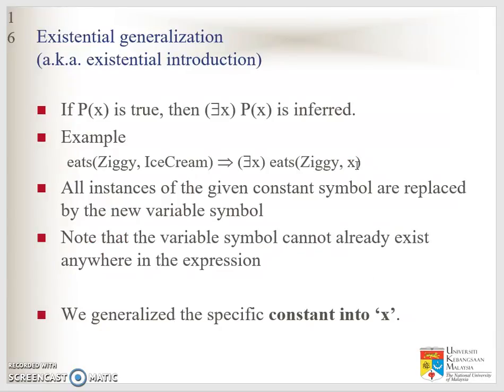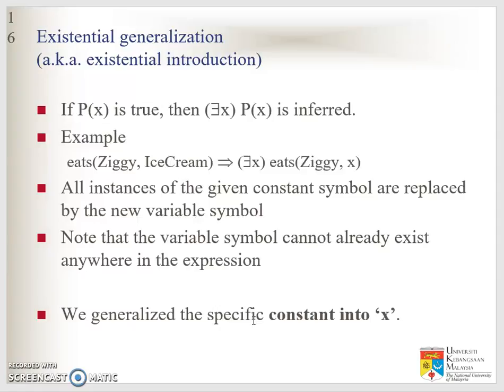Why do we add the existential generalization? Because we generalize the specific constant and want to add that into the current knowledge base. But you cannot simply add things into the knowledge base.